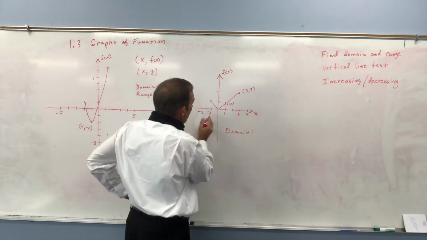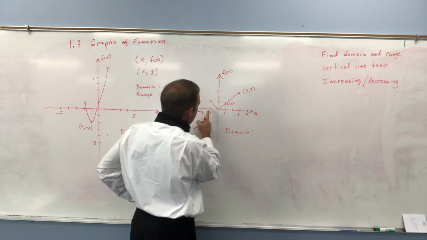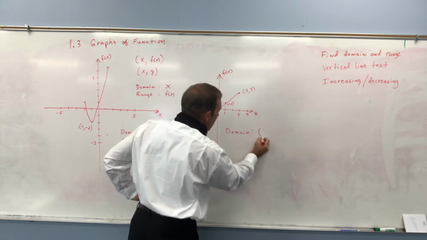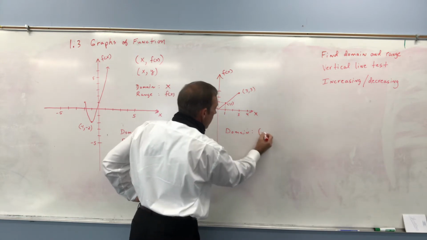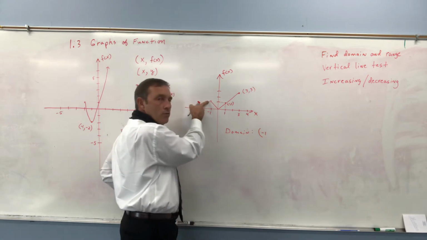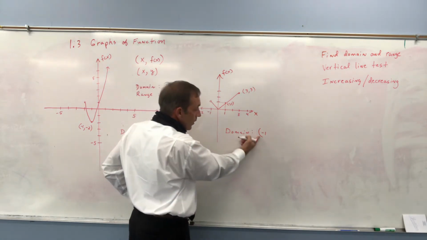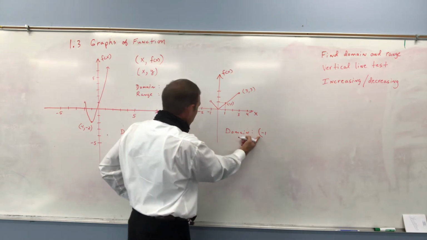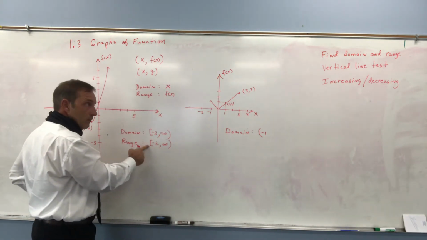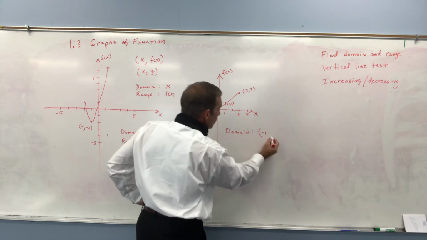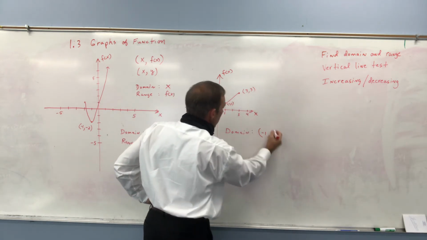So, in interval notation, we would say that the domain goes from -1, and notice this time it does not include -1 itself, it's just up to -1. And so I use the parentheses instead of the brackets. And then it also has a right endpoint of 3.